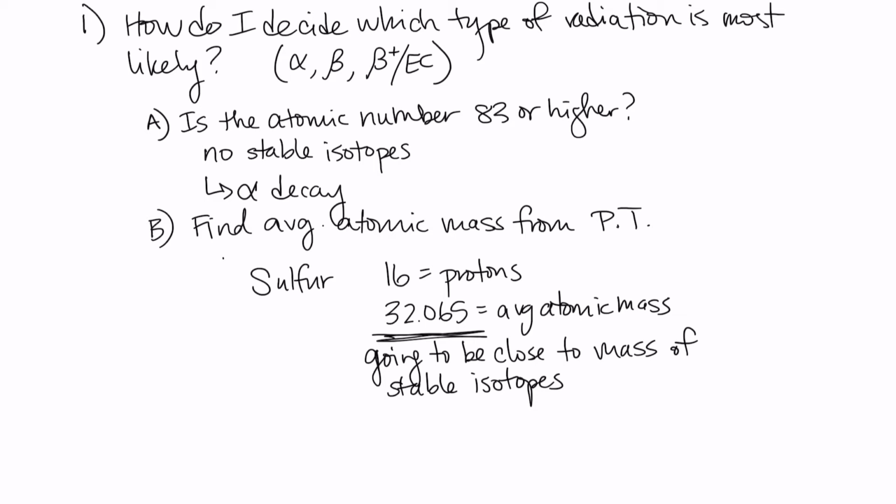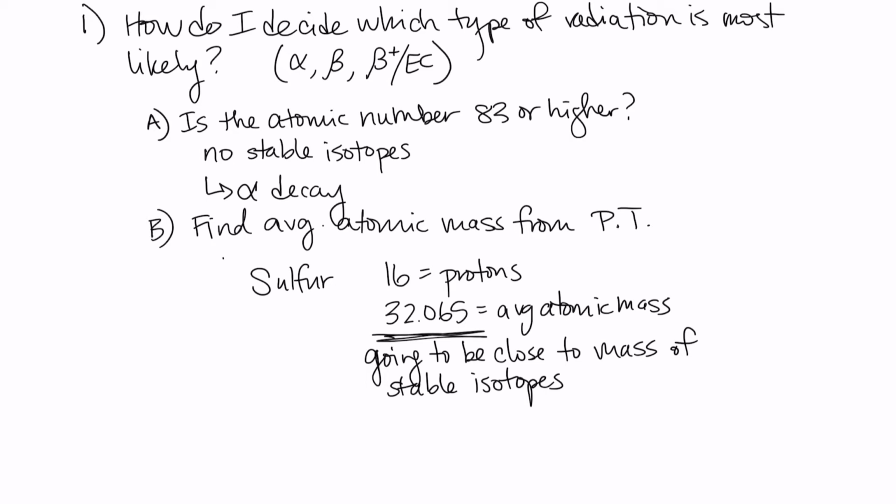And other isotopes of sulfur, especially the farther away they get from 32, the more likely they are to be unstable. Why? Because the stable ones are more likely to occur in nature because they're more stable. So we expect the average atomic mass to be similar to whatever the mass of a stable isotope would be.